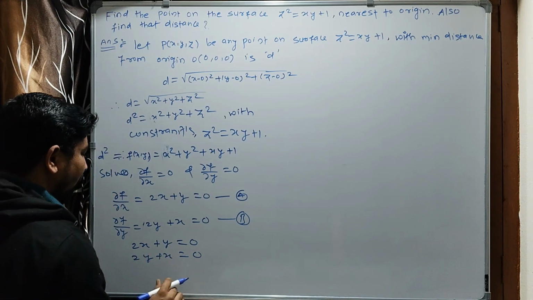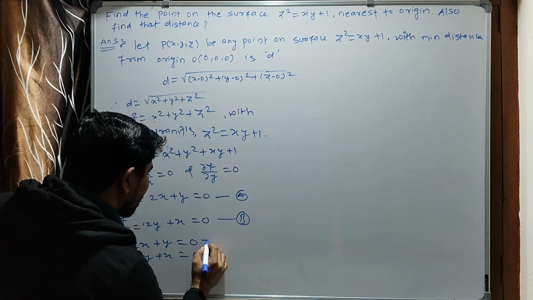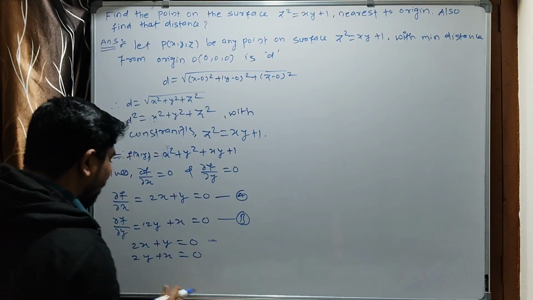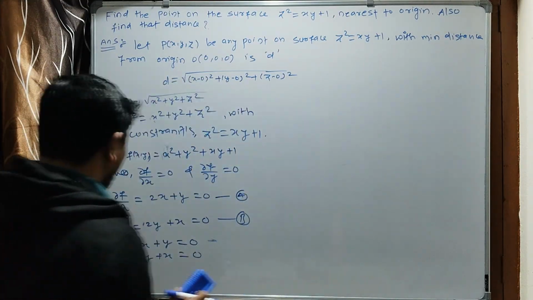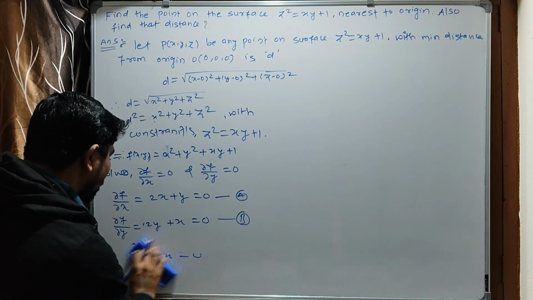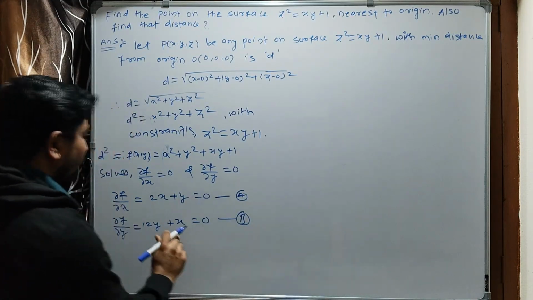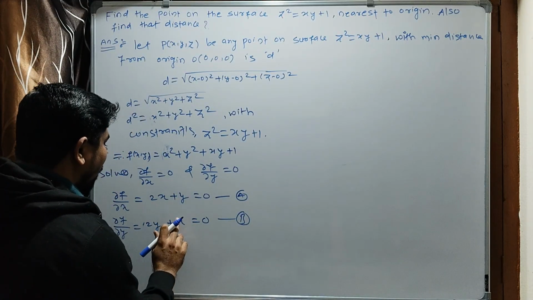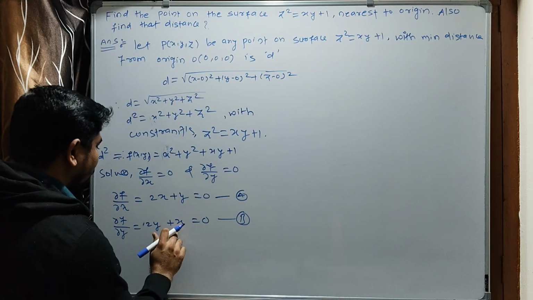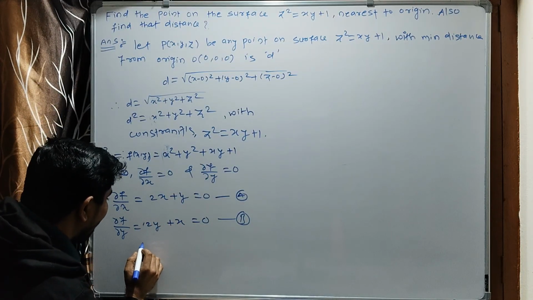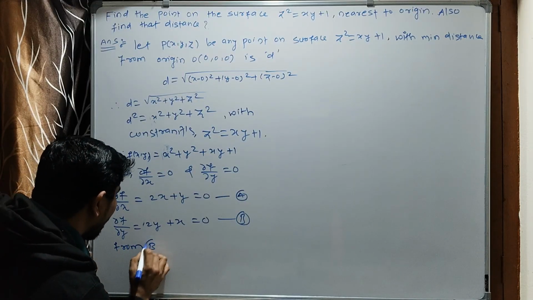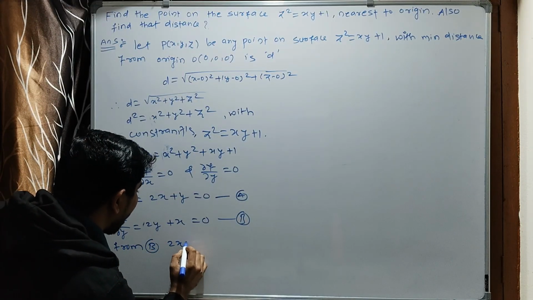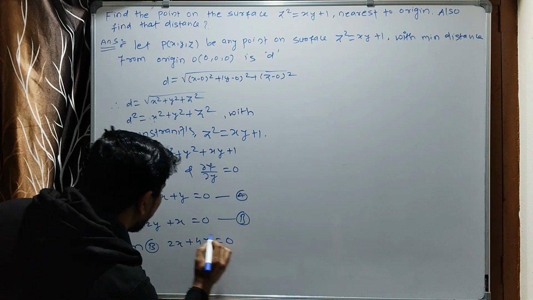So here this is my a and this is my b. I want to find the values of x and y. So just do one thing: multiply equation b by 2 and subtract from a. So from b, multiplying by 2, we get 2x plus 4y equal to 0.